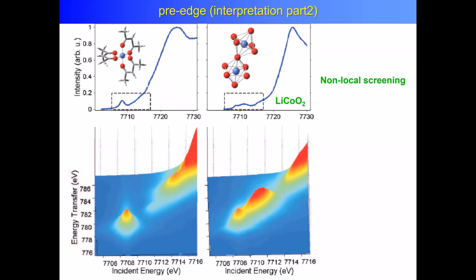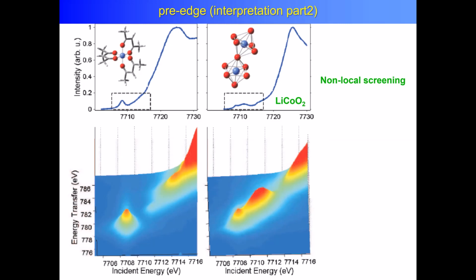So from angular dependence studies, you can prove it's dipole, and the pre-edge and the exciton is quadrupole. You can also see it's diagonal, so it follows the diagonal, so it's exactly the same as the edge. So actually, if you would do a density functional calculation, you will get this also, as the P character of the D band.